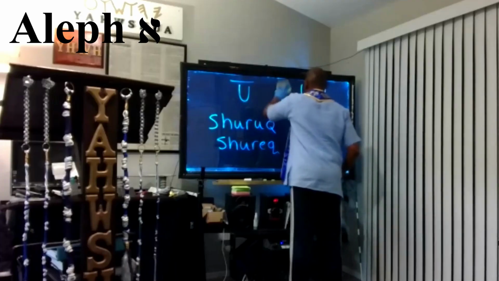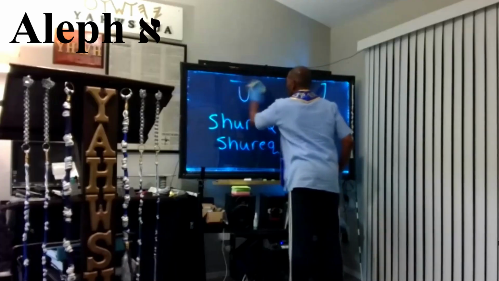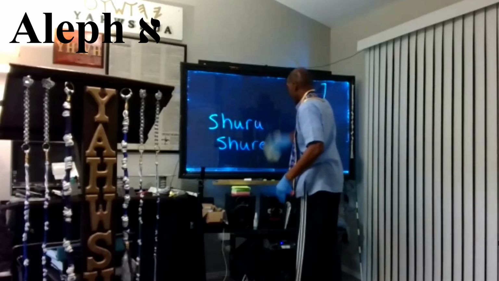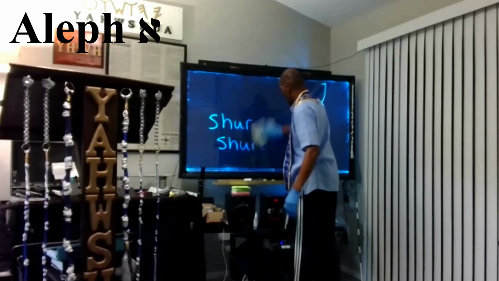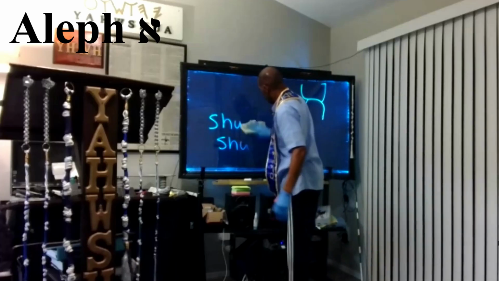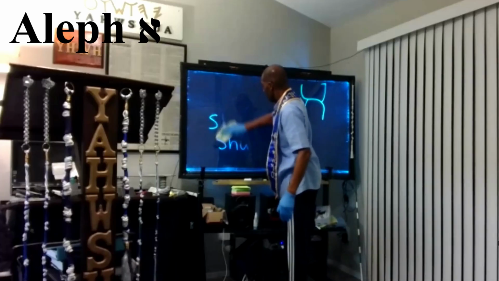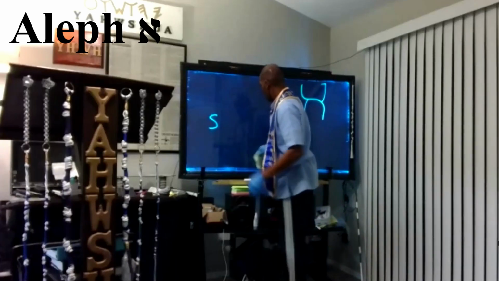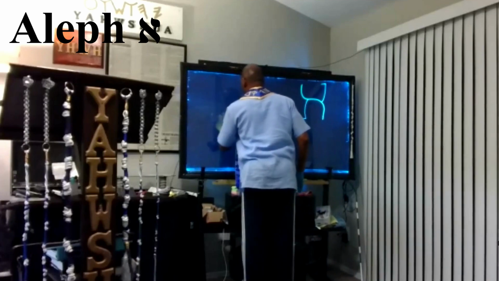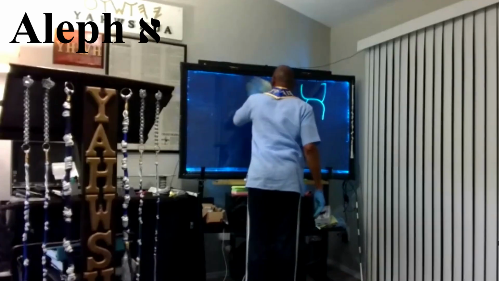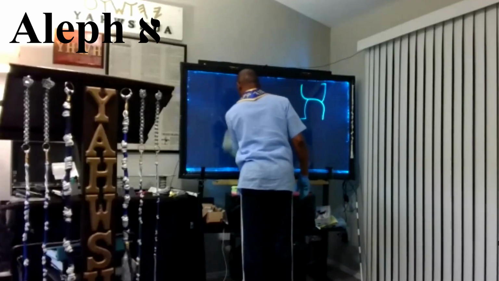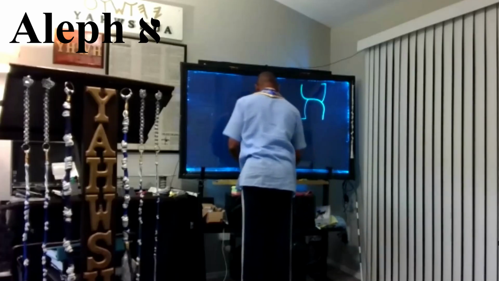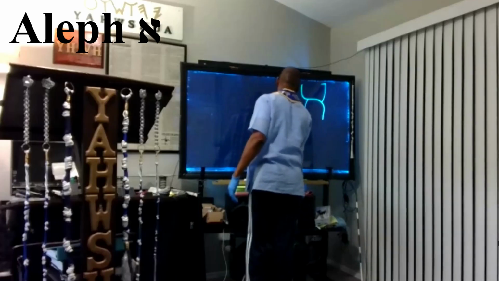Now we're going to do the short vowels. Then we're going to go through the whole alphabet, letter by letter, all the way up to the top. Now the short vowels.